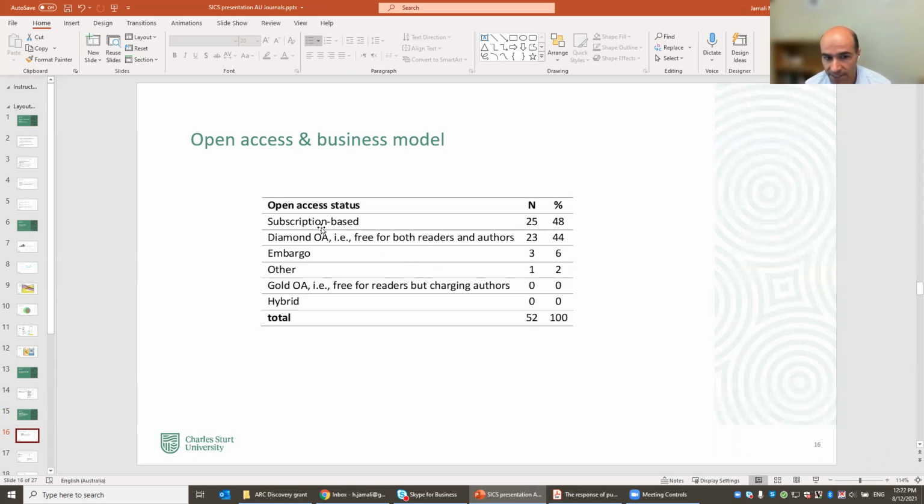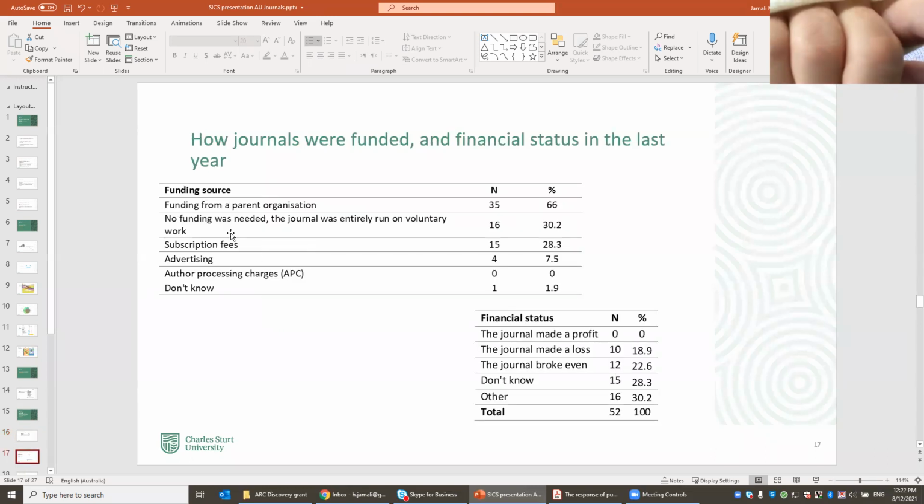We found that most of them were either subscription-based or they were diamond open access, which means free for readers, free for authors, which means somebody paid for them. So they relied on the funding from the university or the parent organization that actually owned the journal. When we looked at the funding, we asked them how the journals were funded.